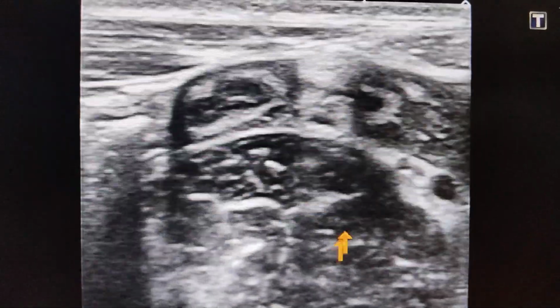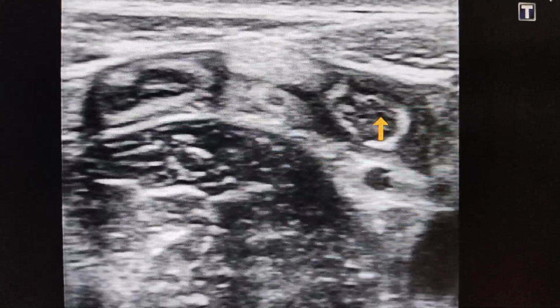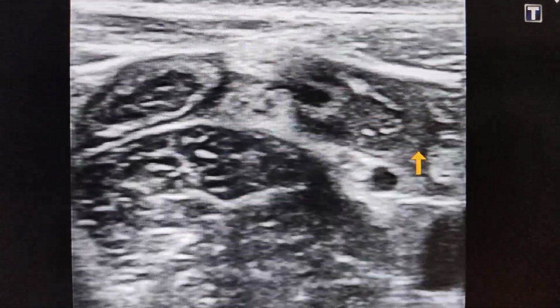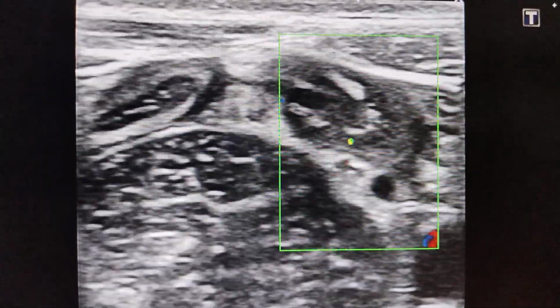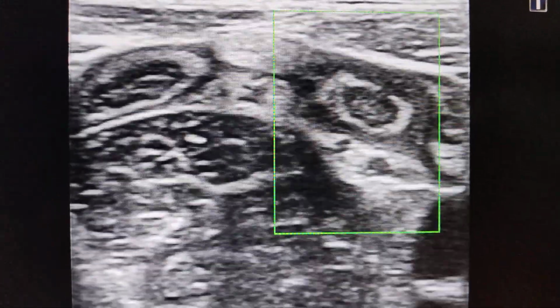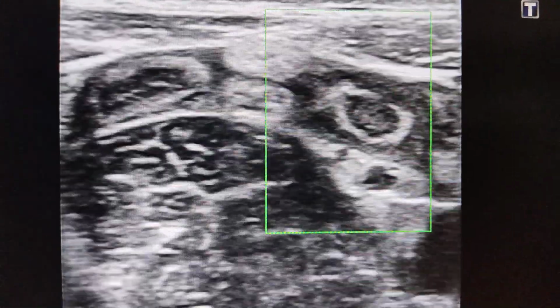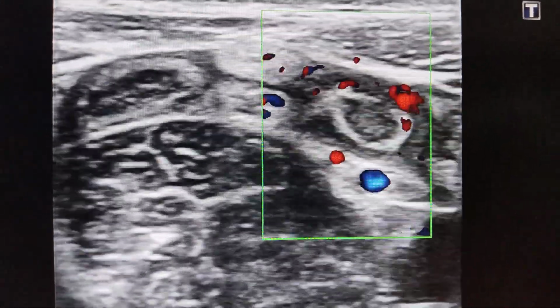and now I want to see this one. This is the distal portion. Look, it's surrounding thickening, and if we put the color, you can appreciate the hyperemic blood flow.